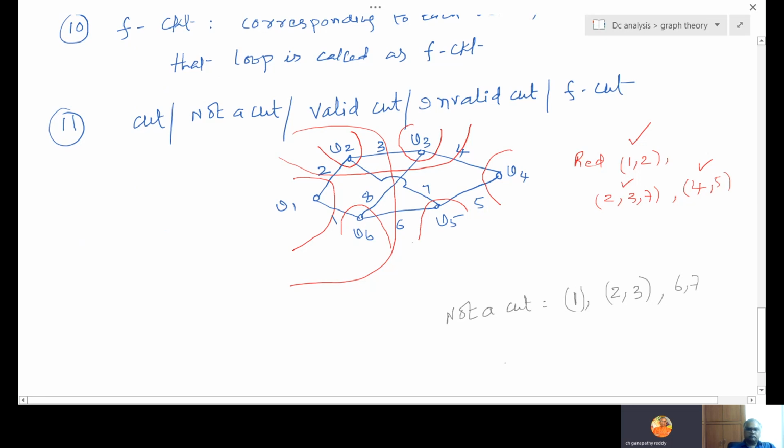Not a cut. Why not a cut? If you remove only one, this vertex V1 is still attached. V6 is also attached. If we remove 2, 3, V2 is still attached to the graph. Therefore, cut is not done. That is not a cut.